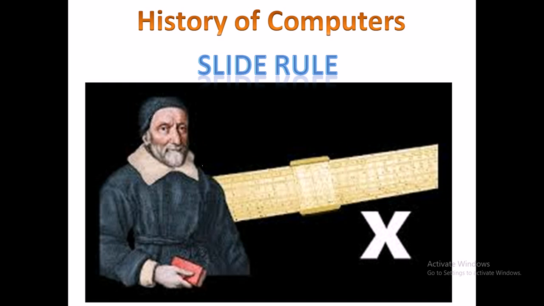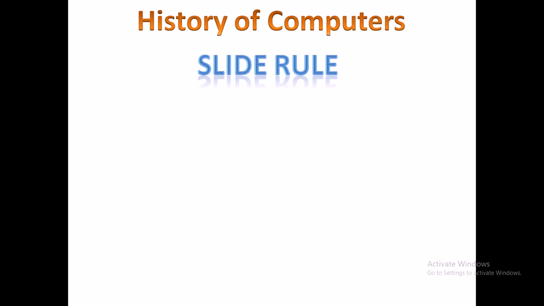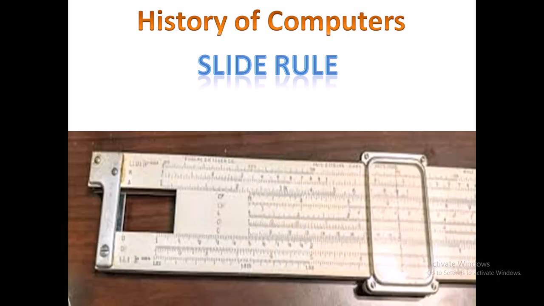The device was called slide rule. It consisted of two scaled rules, one fixed over the other. These two rules slide along each other to do multiplication, division, and even more complex calculations that can be easily, quickly, and accurately done with the help of the numbers marked on them.